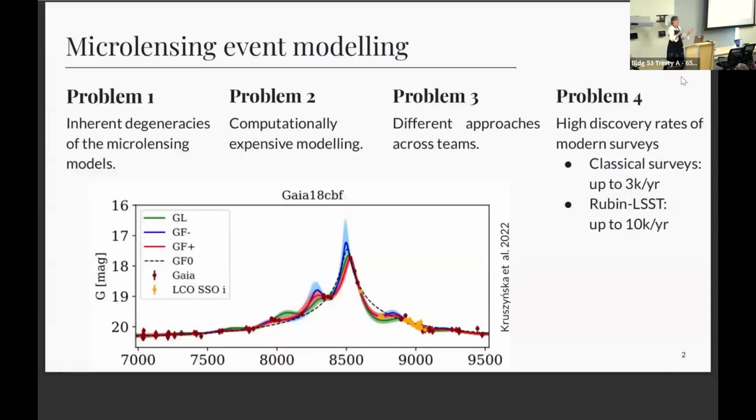I decided to build this pipeline with other people because with microlensing we have four problems. The first one, which Natasha mostly has already signaled, is the inherent degeneracies between the microlensing models.